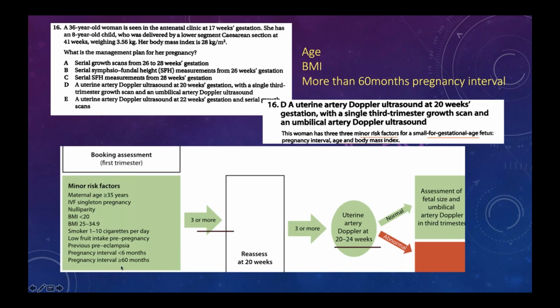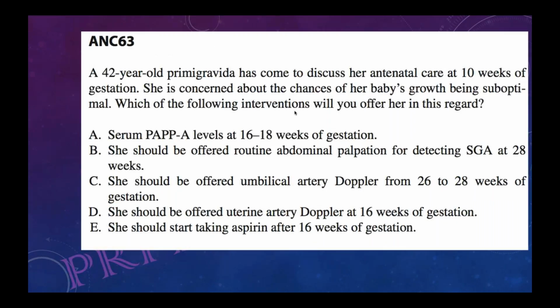So be careful, you have to remember this by heart. Now she has got 3 risk factors: age, BMI, and more than 60 months interval between pregnancies. She will go to uterine artery Doppler. So the answer is D. It is simple mathematics. Questions are simple mathematics. Just remember the pathway, what they want.